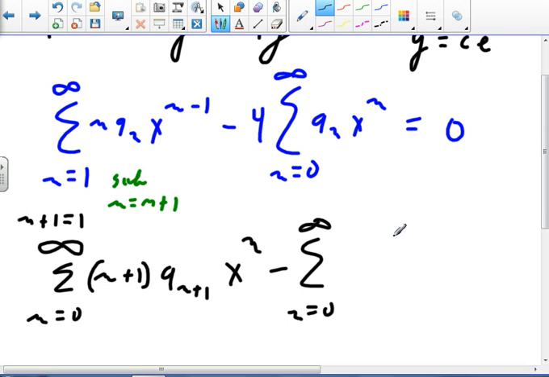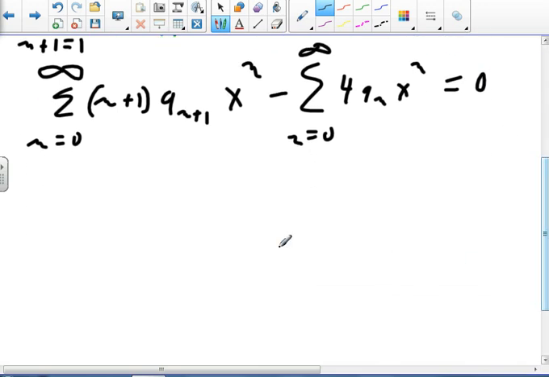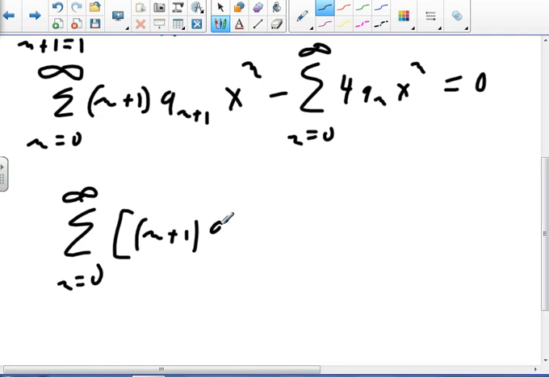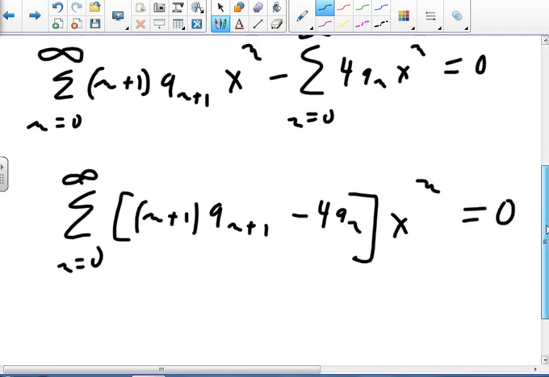The constant can go in or outside of the summation sign, just like it can go in and outside the integral sign. 4 a_n x to the n is equal to 0. I now combine in one summation. The summation n equals 0 to infinity of (n plus 1) a_(n+1) minus 4 a_n, x to the n is equal to 0.